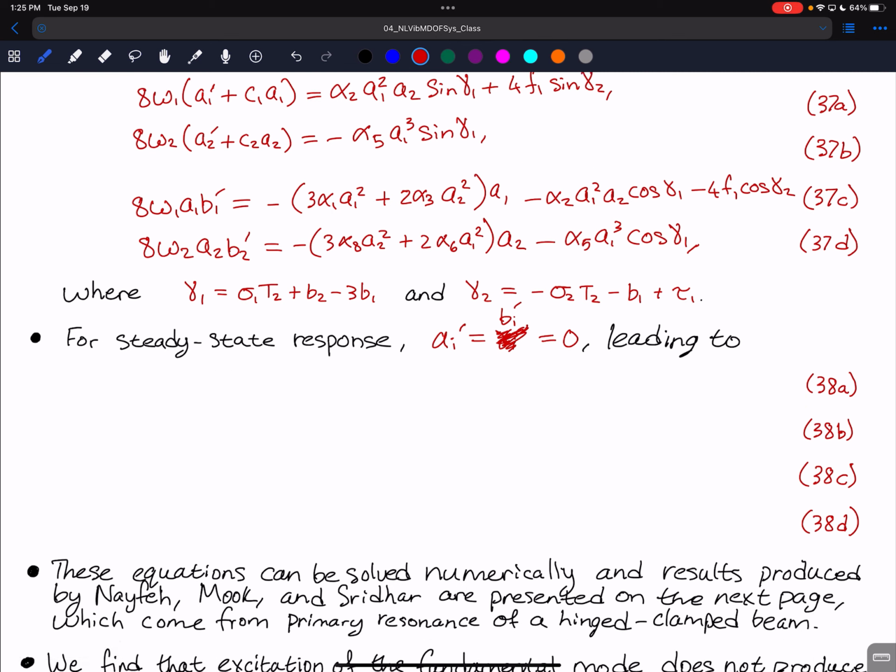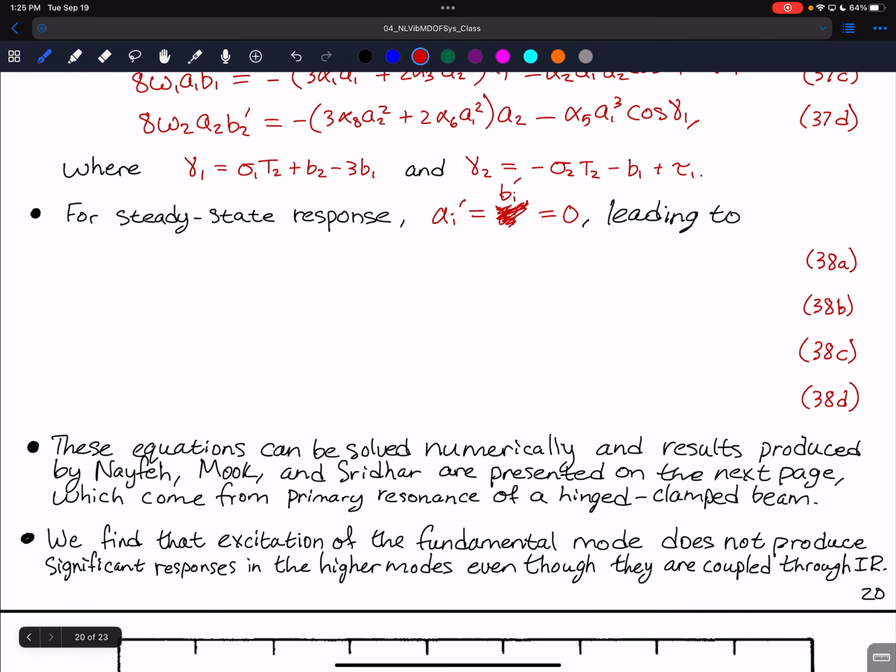And that leads to the following equations, that 8 omega 1 times C1 A1 minus alpha 2 A1 squared A2 times the sine of gamma 1 minus 4 F1 times the sine of gamma 2 is equal to 0.